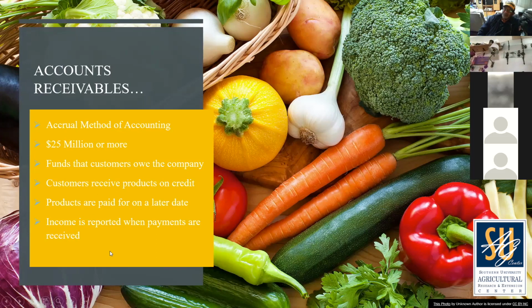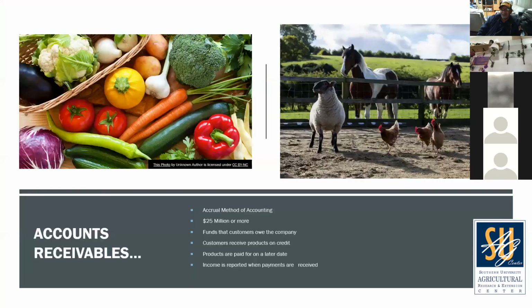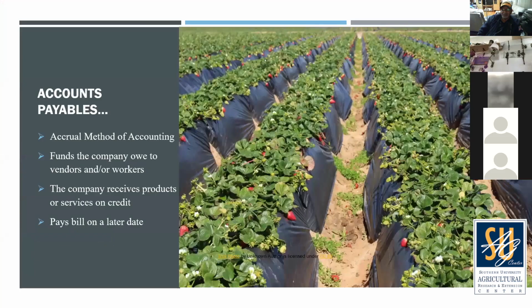As for the other side of it, your end of it, yours would actually be the accounts payable. So these are expenses that you have acquired in the business, but you have not yet paid for them. So you may have received a service or product from a vendor, but you have not yet paid them.